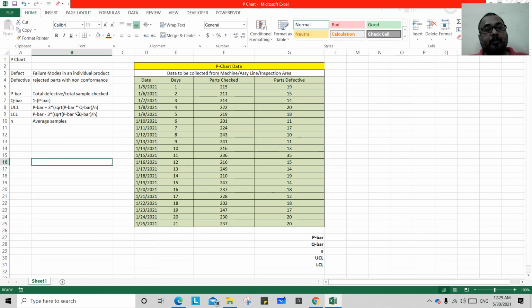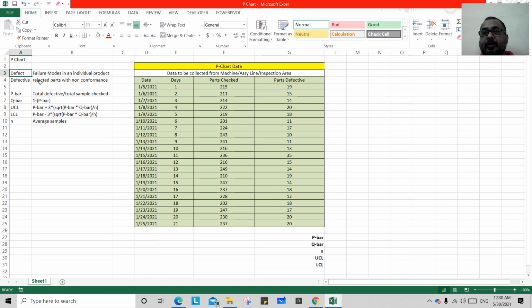Before going to that, I want to discuss the difference between defect and defective. So what is a defect? A defect is the number of failure modes in an individual component. Say I produce a water bottle, so what can be the failure modes?